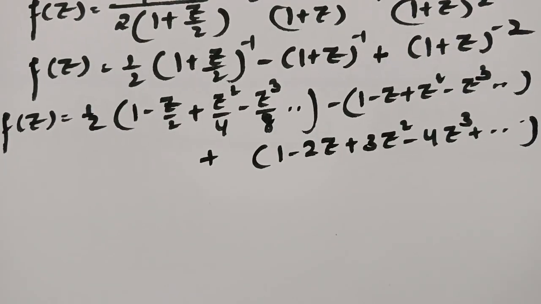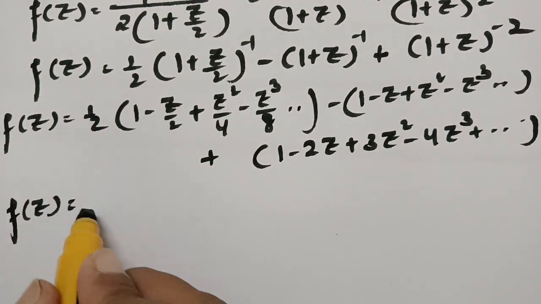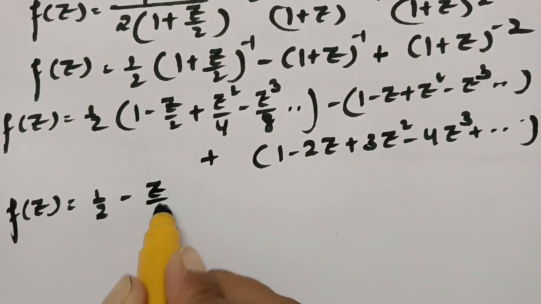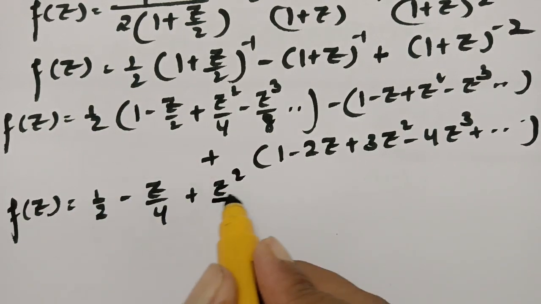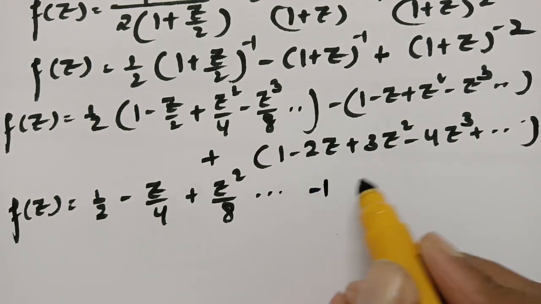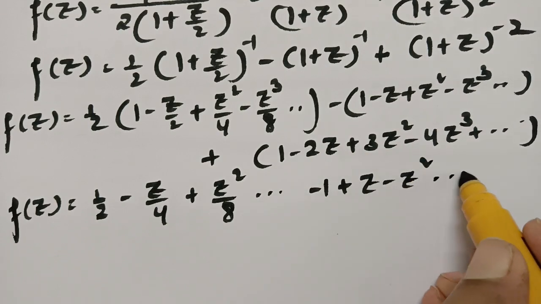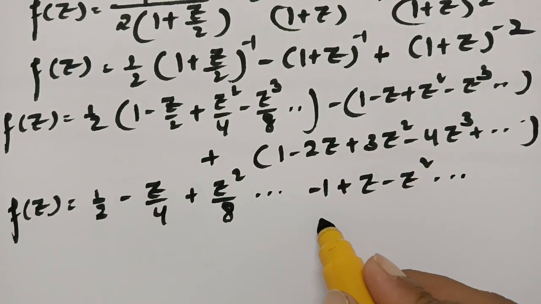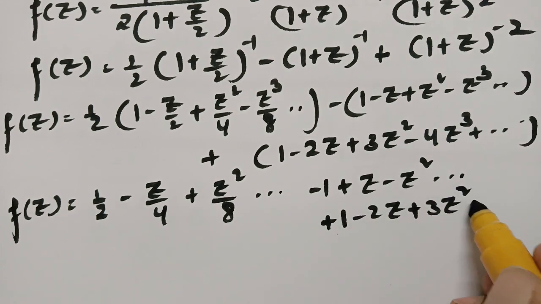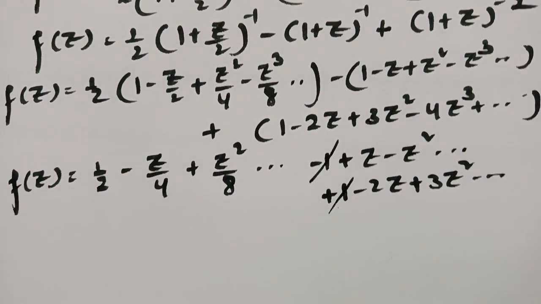So if I multiply these, f(z) will be 1/2 times: 1 - z/4 + z²/8 and so on, then minus 1 + z - z² and so on, then 1 - 2z + 3z² and so on. Now I can cancel +1 and -1.